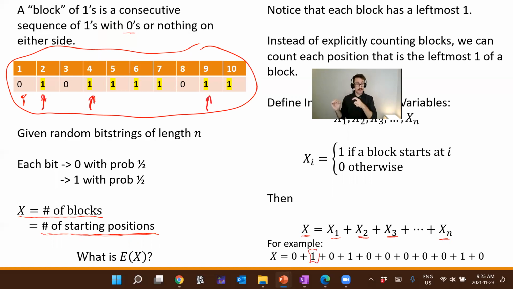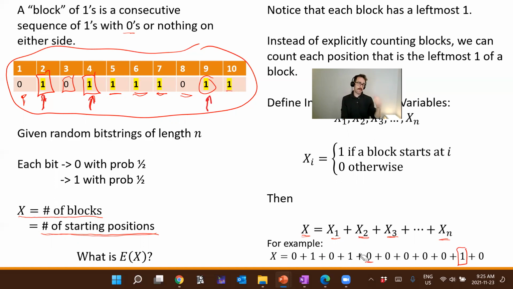X2 would be 1 because there's a 1 here. X3 would be 0 because there's a 0. X4 would be 1 because it's the start of a block. X5 would be 0 because this is not the start of a block. X6, X7, and X8 are not the start, X9 is the start, so we would have a 1 here, and then a 0 for X10.